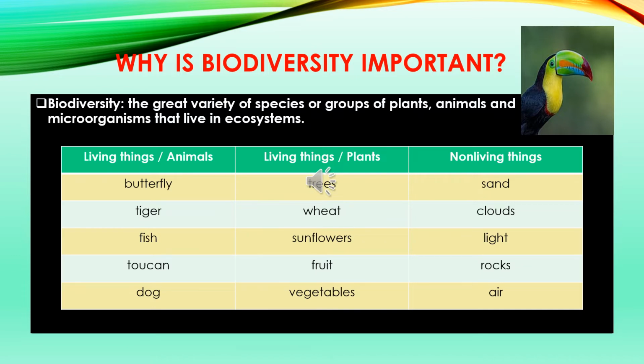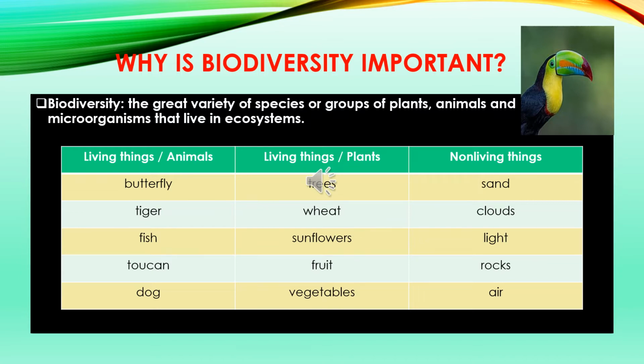Then we move to the last column, non-living things: sand, clouds, light, roads, and air. Non-living thing, that's the title of this column. When you see the word non before living, it means not alive.